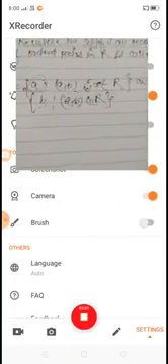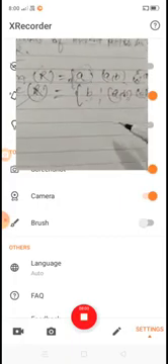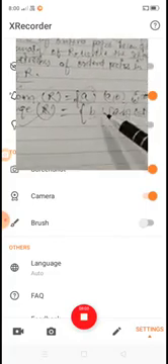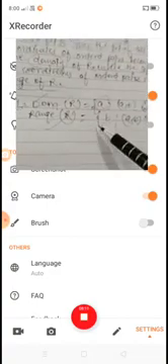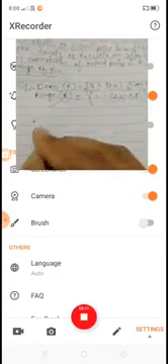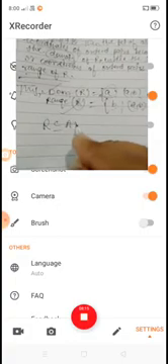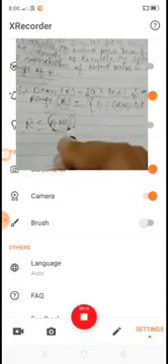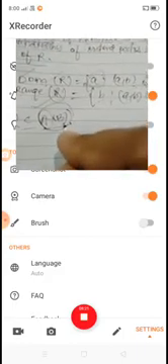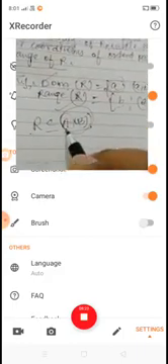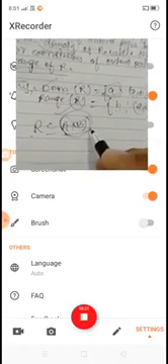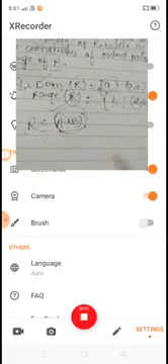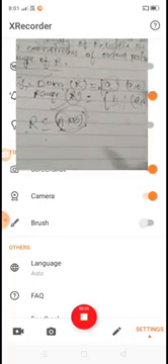It is evident from the definition that the domain of a relation from A to B is a subset of A. Any relation R is a subset of A cross B, so we can say that the domain of a relation from A to B is a subset of A, and the range is a subset of B.